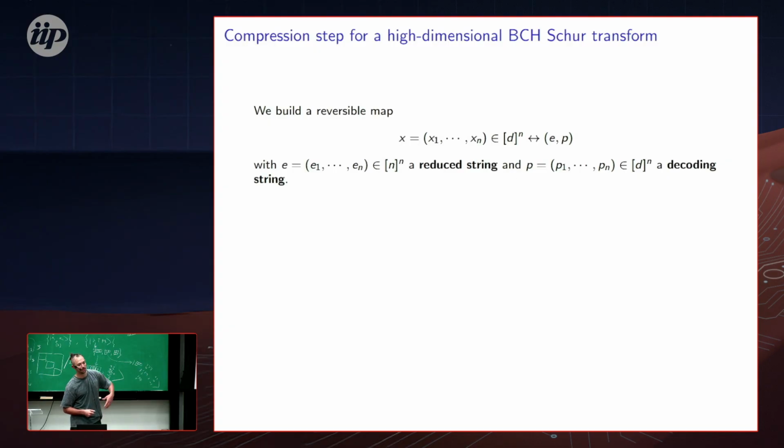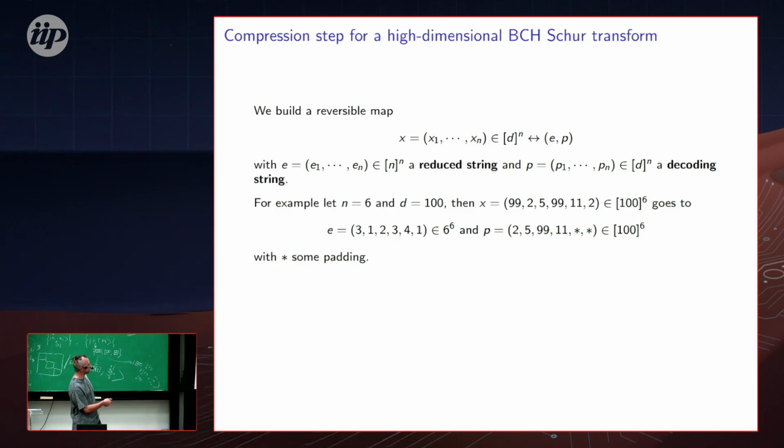Think of D being very large, let's say 100, and n being small, let's say 10. So you have a vector where the entries can be like 99, 98, 70, whatever, but it's short. And now you go to something with constrained entries, also short, and a decoding string P, which is in the same space as this one.